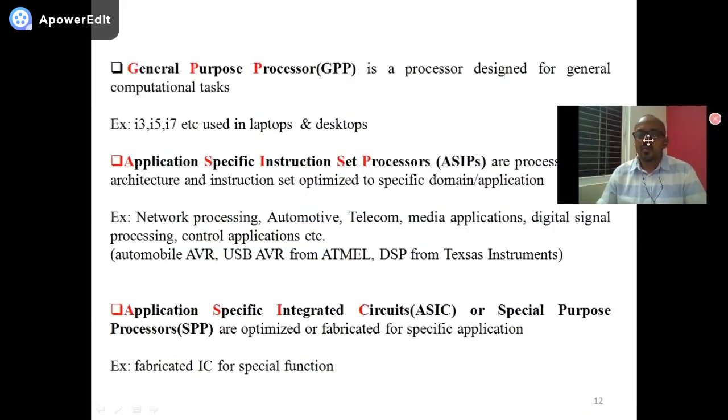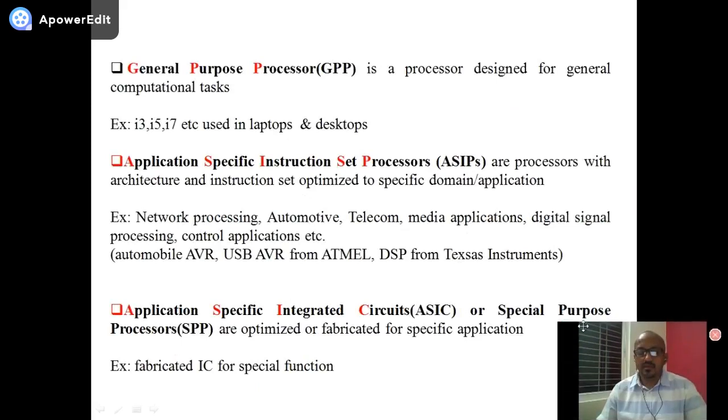So, to deal with the confusion between the general purpose processor, application specific processor, and ASIC, application specific integrated circuits, I have prepared this slide to make out the difference, so you should not get confused with it.